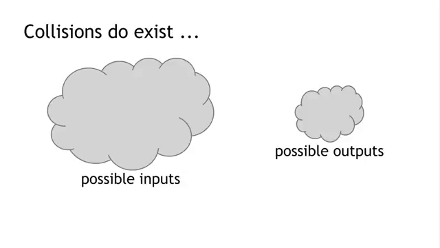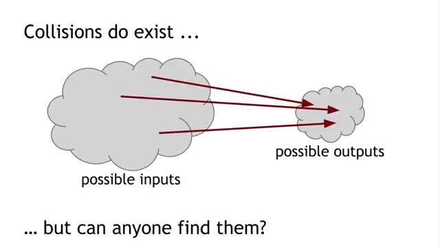So on the right-hand side, the outputs, there are only 2 to the 256 possibilities. Over here, there are more possibilities. And so if you think that every point over here on the left is going to be mapped by an arrow to some point on the right, you can see that as you go from all the points on the left into the right, it has to get crowded. And in fact, there have to be multiple values on the left that map to the same output over here.